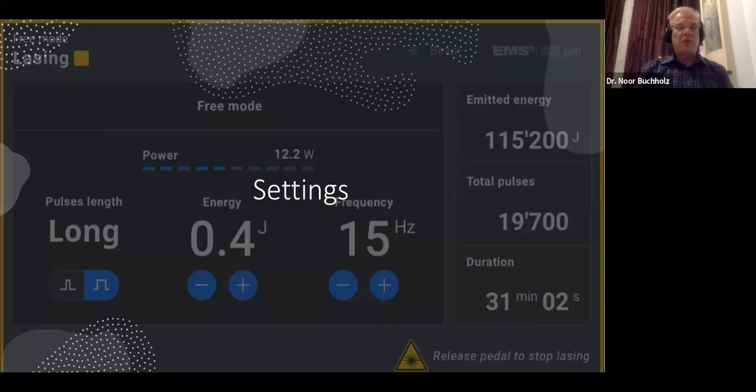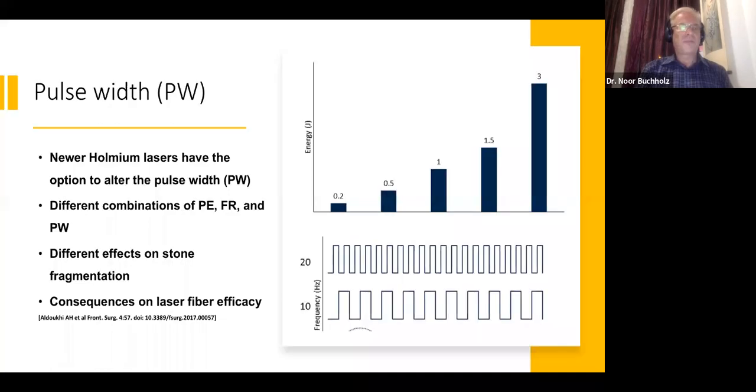Now we're coming to laser settings. There we have one additional factor, that's the pulse width. So newer holmium lasers have the option to alter the width of each separate pulse. So you can combine not only frequency and energy, but you can also combine with it the pulse width. And that again has a different effect on stone fragmentation.